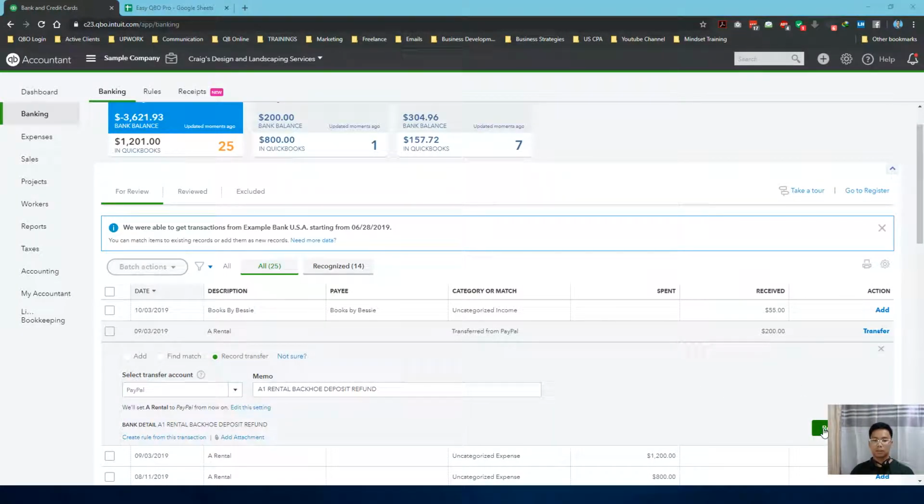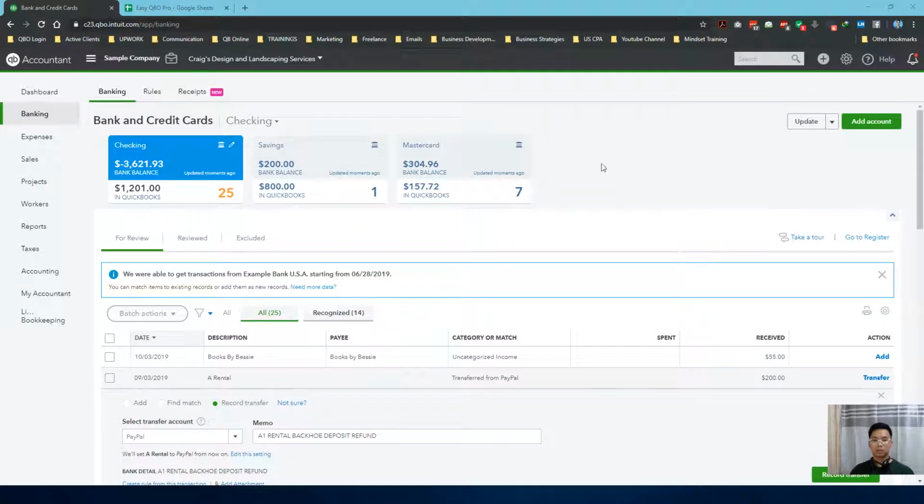And after hitting record transfer, you go to the PayPal account feeds and match the transaction. And then for the expense that is being paid by PayPal, you just need to hit add as an expense after you assign the payee in the proper category.